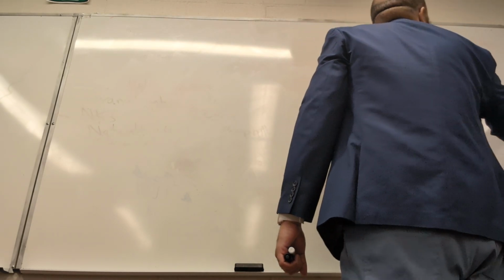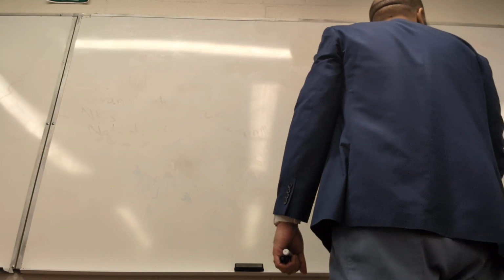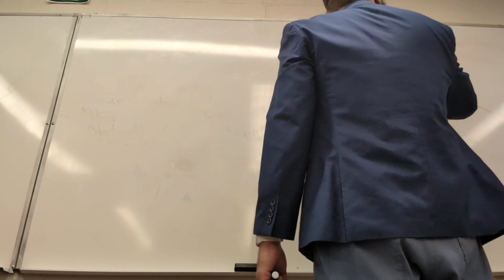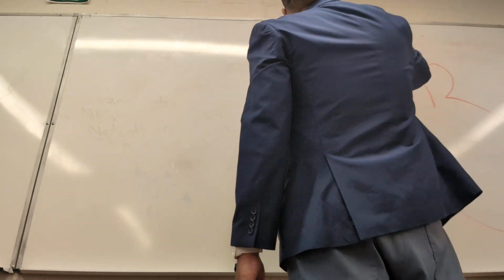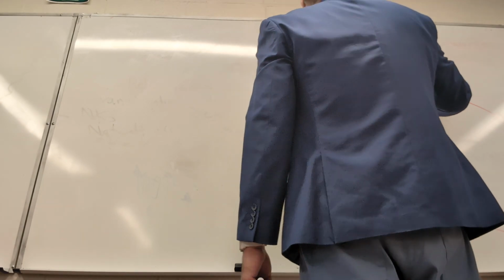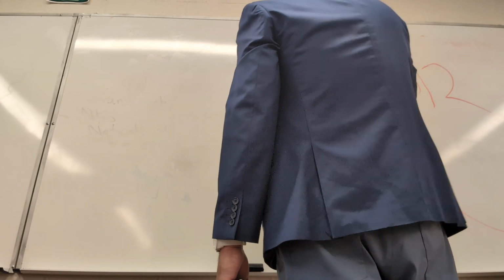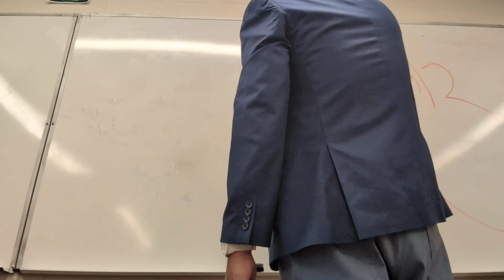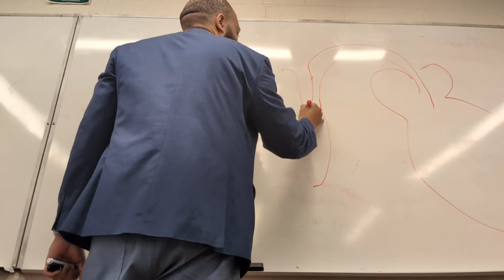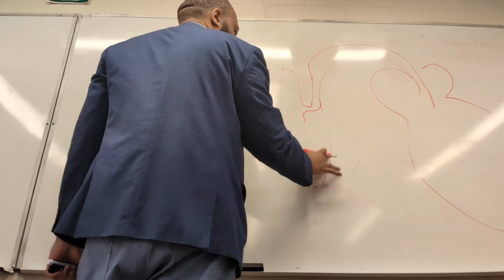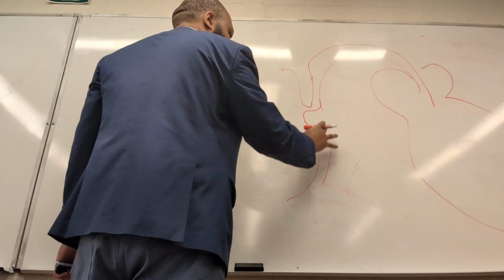So we know that the heart pumps blood, and the blood goes out to the tissue, and we say we have two halves of a circulation.